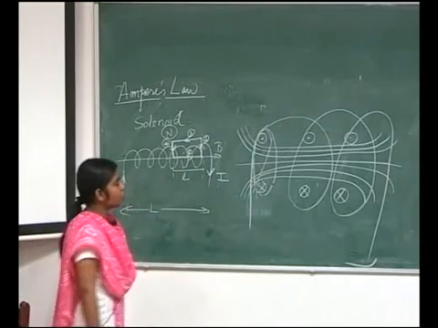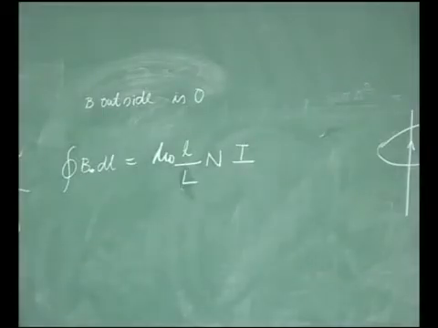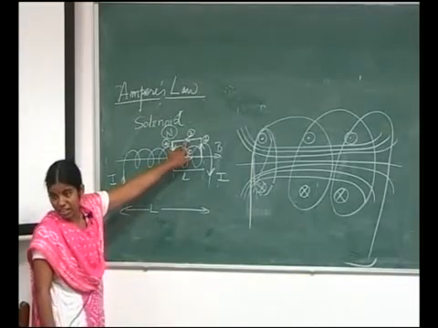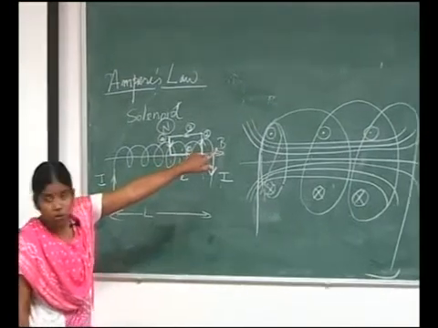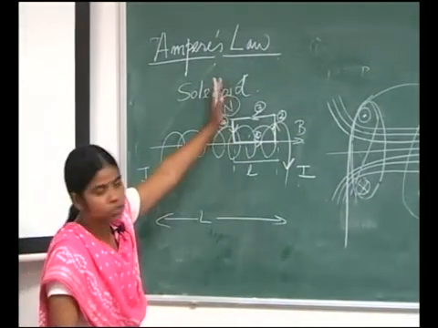Now, B dot dl, this is a dot product. So, let us look at the surface. I know that along arm 3 B is 0 because I am going with an assumption that B outside is 0.